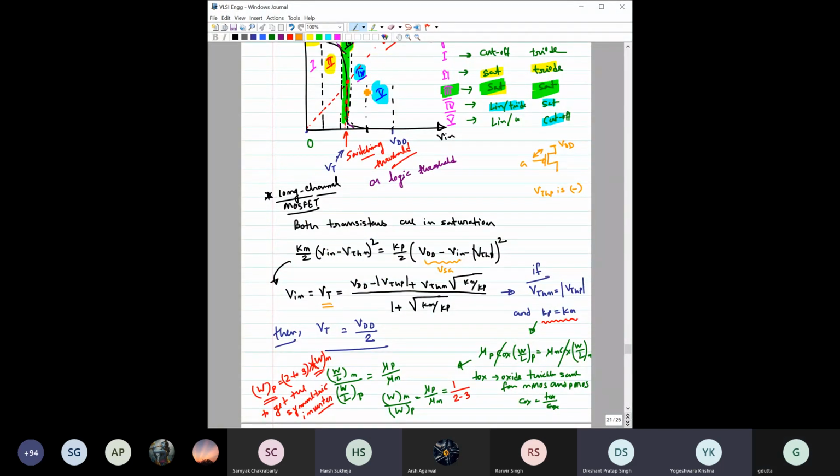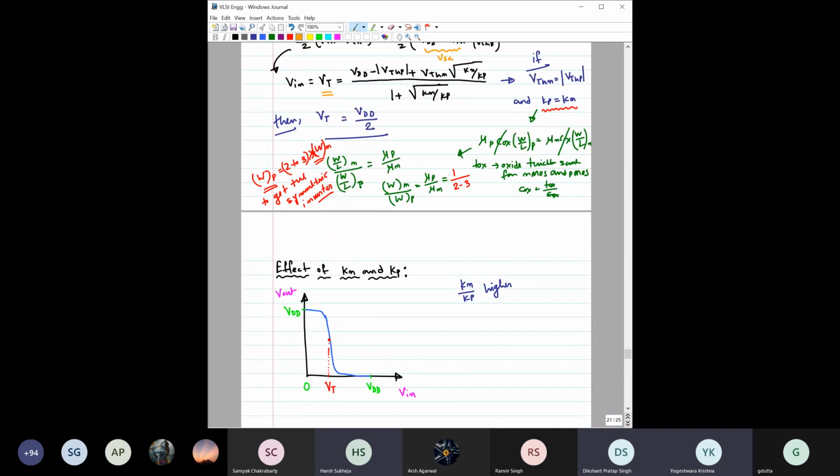If that point shifts towards left, then according to that, the graph should shift toward left. And from that equation, we can see that if we increase Kn by Kp, then Vn will reduce.